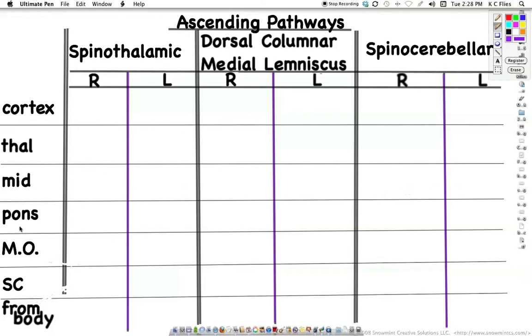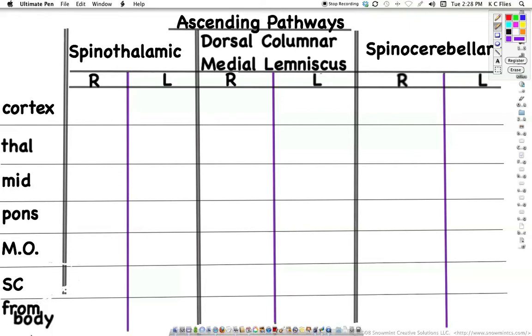On the left-hand side, you see the different locations within the central nervous system: cortex, thalamus, midbrain, pons, medulla oblongata, and then outside of the brain, but still in the CNS, the spinal cord.